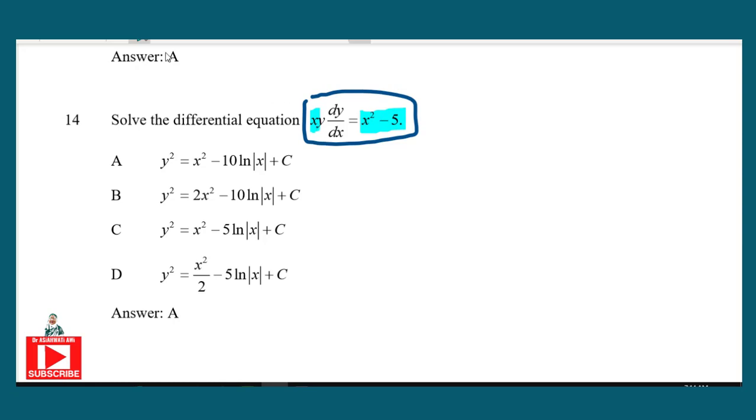The first thing you need to do is separate, so that on the left-hand side you have dy and on the right-hand side dx. The y belongs with dy, and the x variable is brought to the right, so everything of the same variable is together: y dy equals the x expression dx. Then integrate.